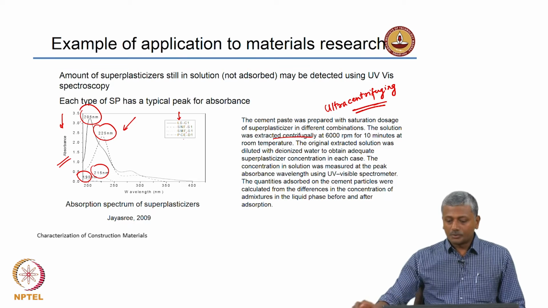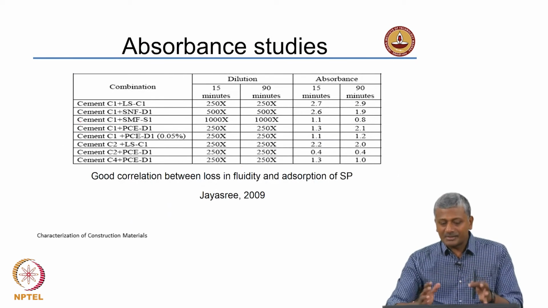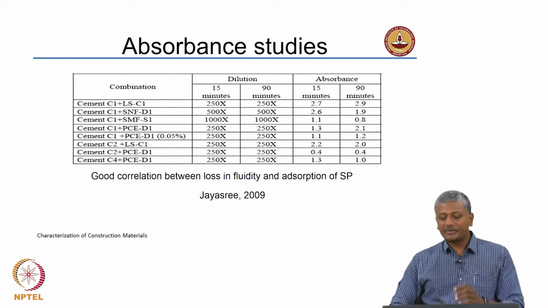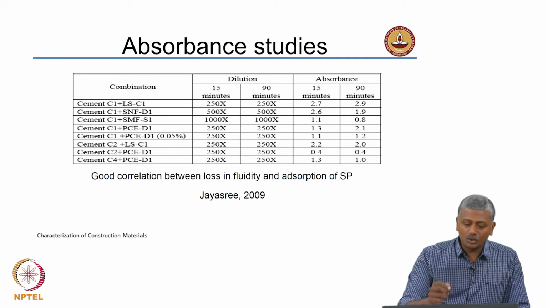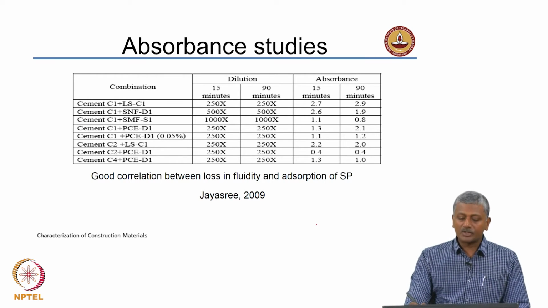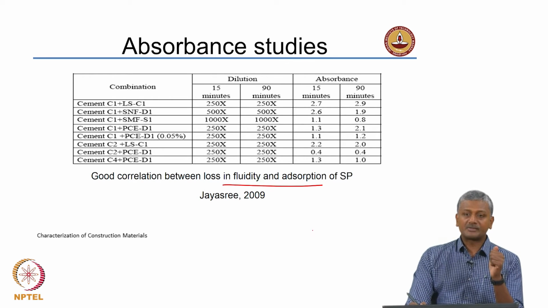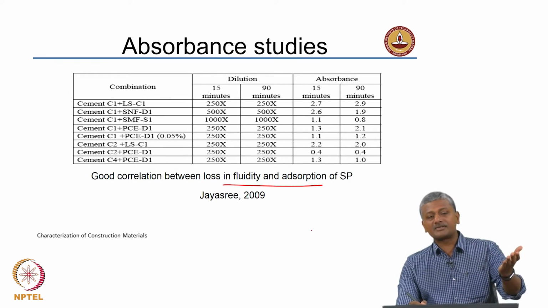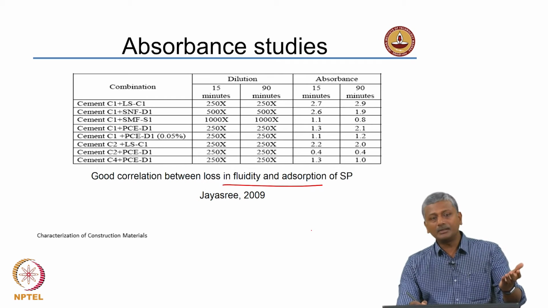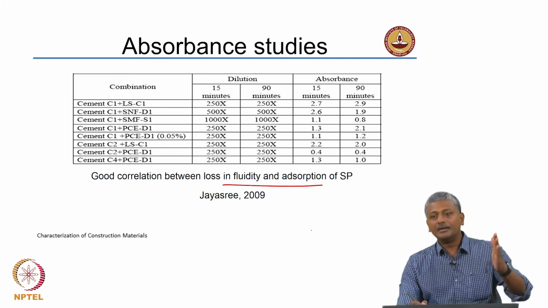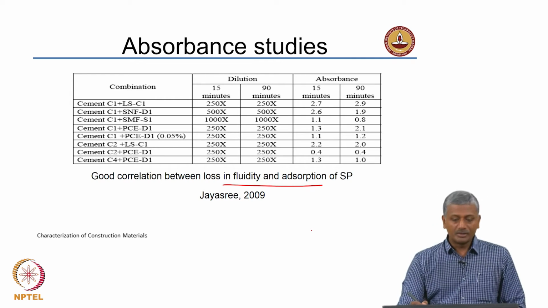While this result is not entirely 100% accurate, what it tends to show is that there is a good correlation between loss in fluidity and adsorption of superplasticizer. The greater the tendency of the superplasticizer to get adsorbed on the cement particles in the beginning itself, the faster is the loss in fluidity.